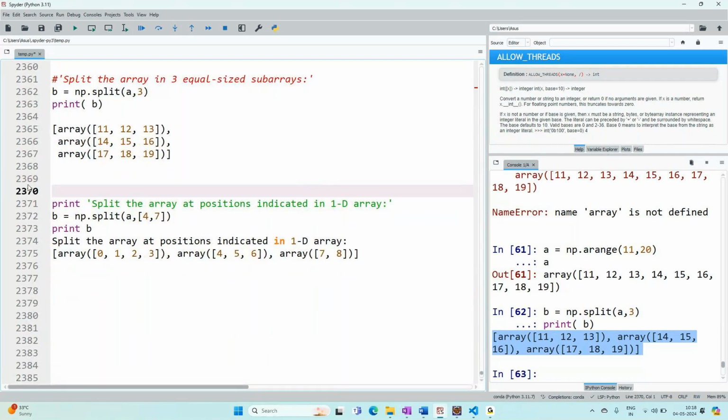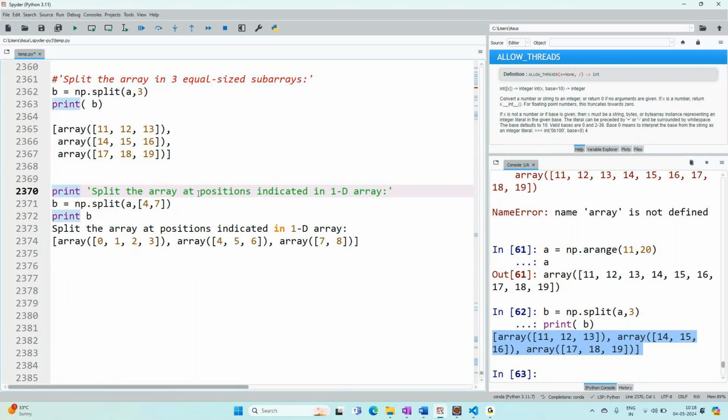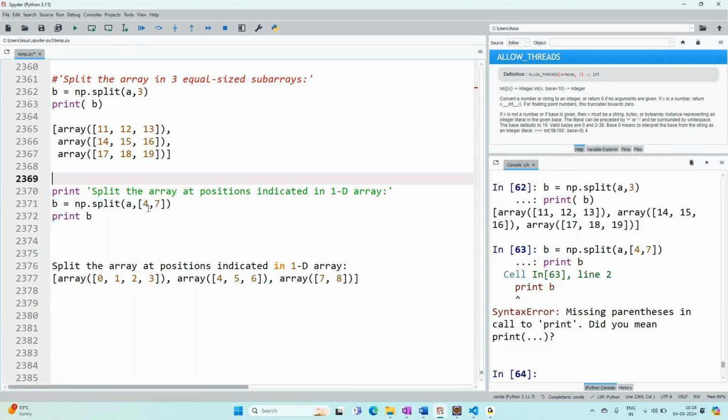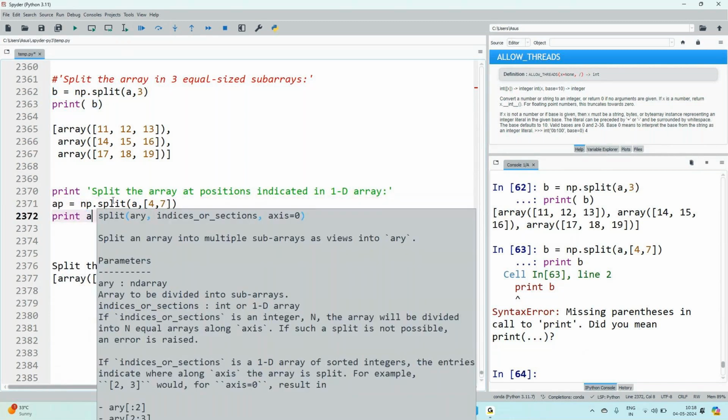Okay, split the array at positions. Now, for example, I'll take something like array positions. So here also I'll say array positions.